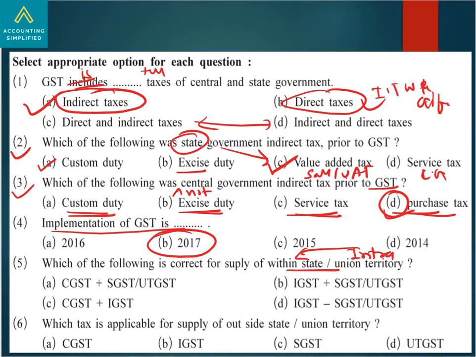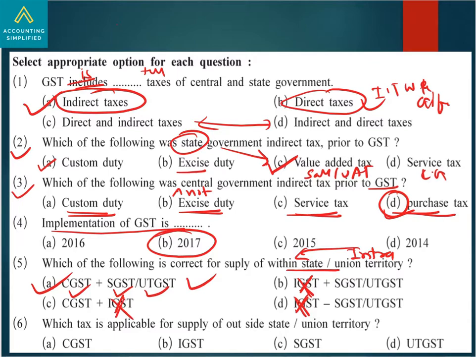Find out where IGST is written; IGST is not levied. So definitely A should be the correct answer, because it is central government tax, state government tax, or UTGST. We know that within a state IGST is not applicable. This is the deductive method we have used: we removed whichever is incorrect and found the correct one.